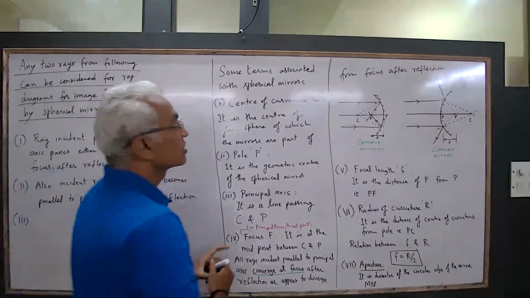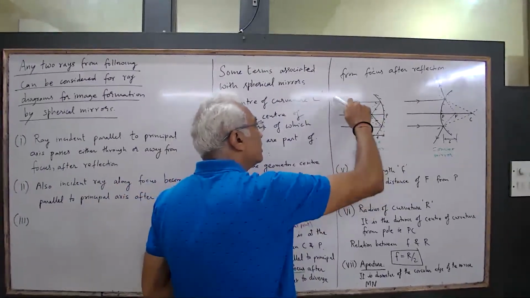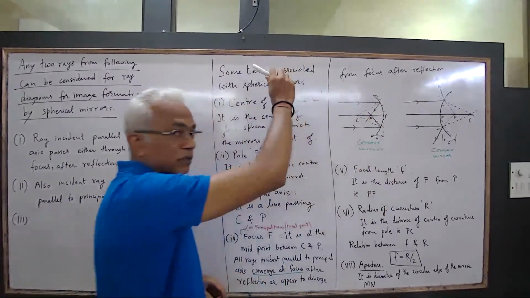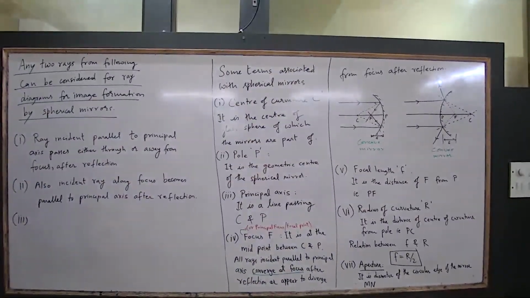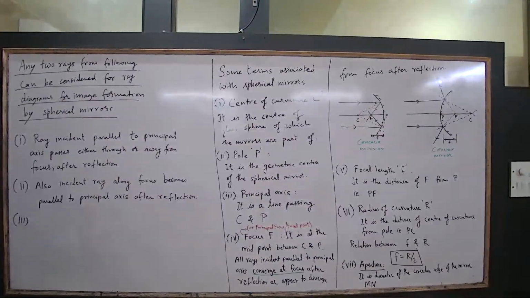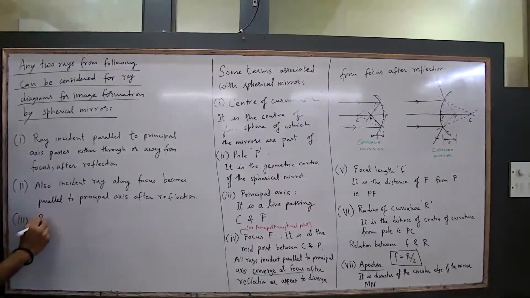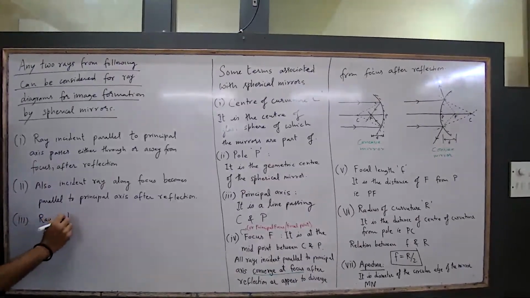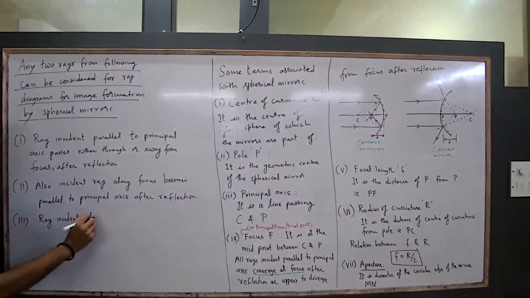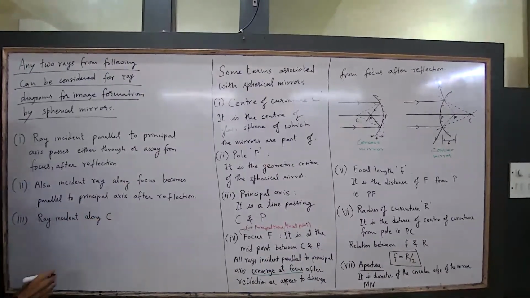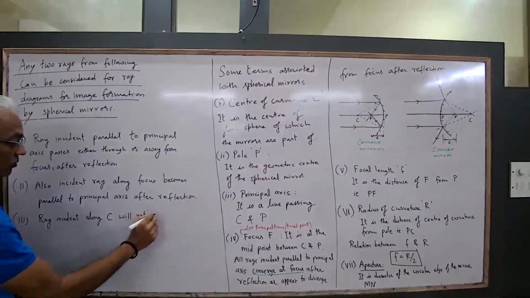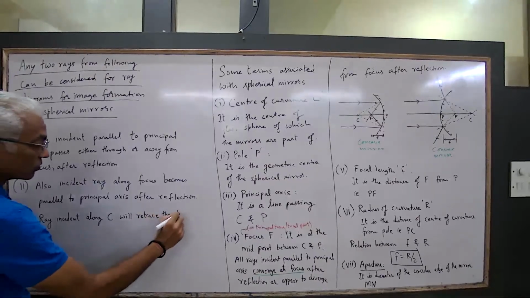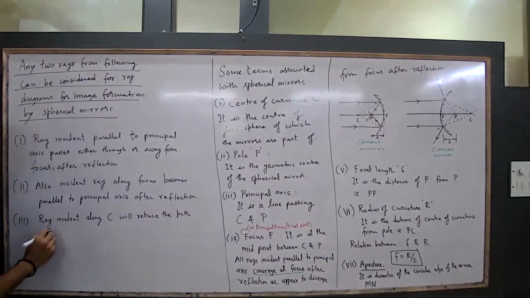Any ray which is coming towards C after reflection will retrace the path because it is normal. And for normal, the angle of incidence is zero, and by law of reflection, if i is zero, r also has to be zero. So a ray incident along C will retrace the path after reflection.